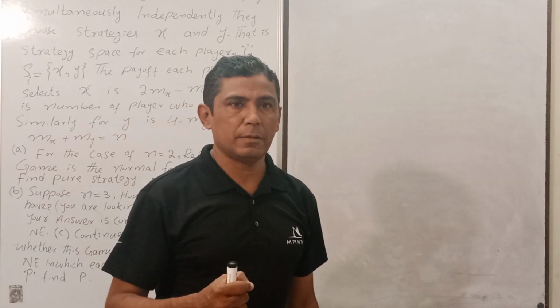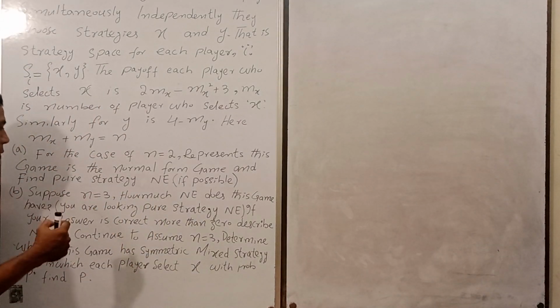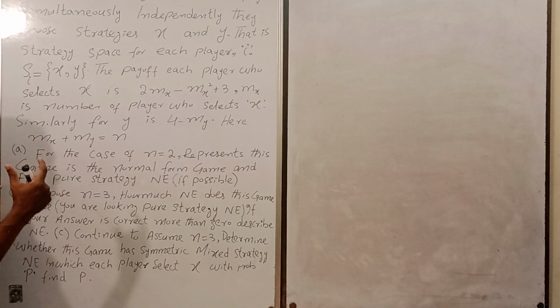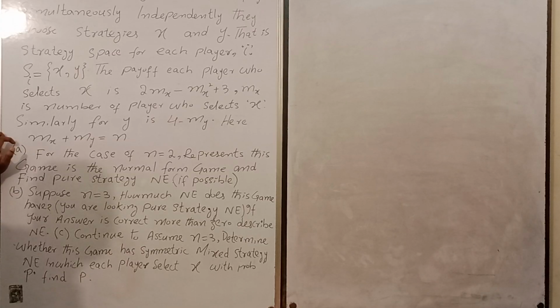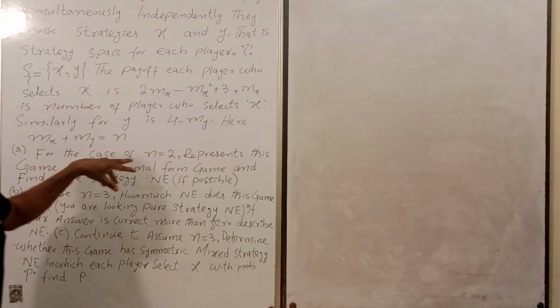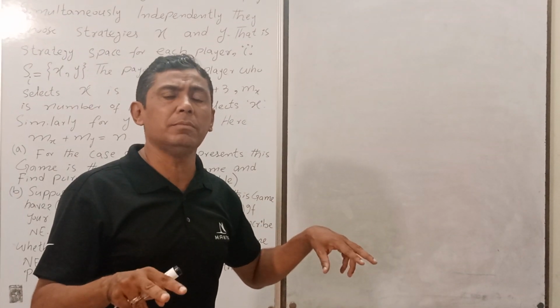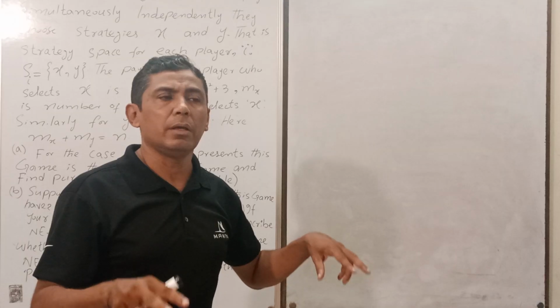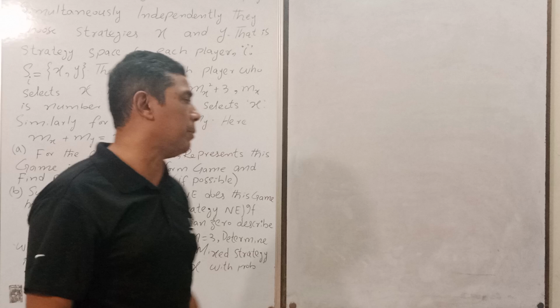It means there is the possibility of multiple Nash equilibria. In part A, how many Nash equilibria did we conclude? In part A, we have 3 Nash equilibria.